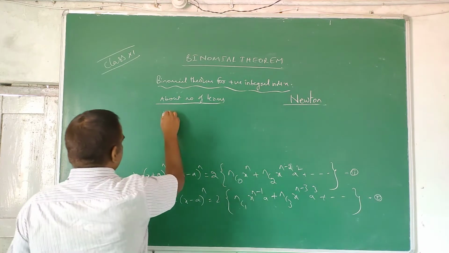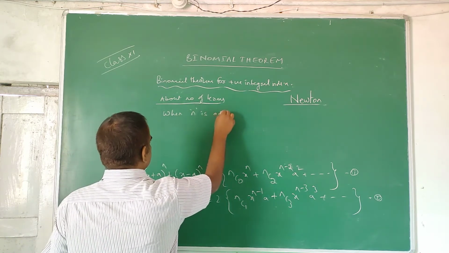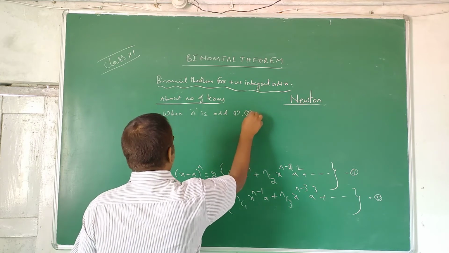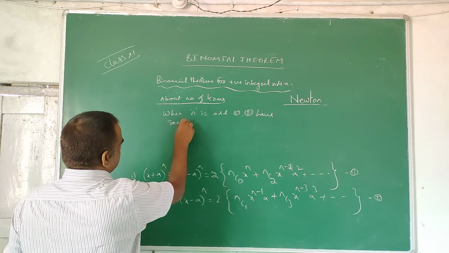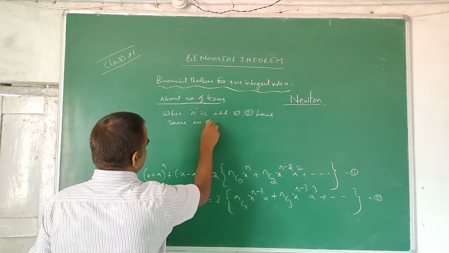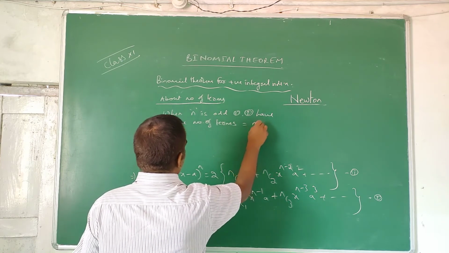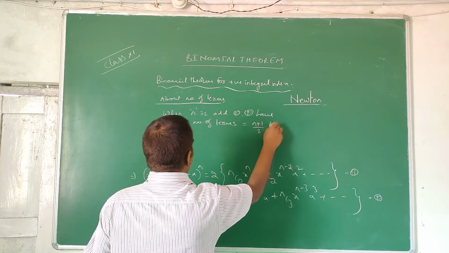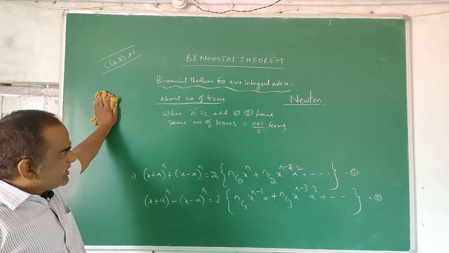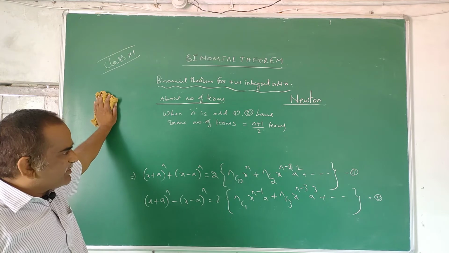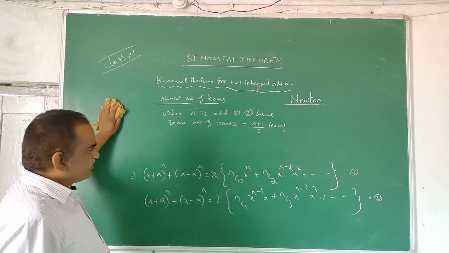So when n is odd, both 1 and 2 will have the same number of terms, which is equal to n plus 1 by 2 terms. If n is odd, both 1 and 2 will have the same number of terms, which is n plus 1 by 2 terms. Okay?